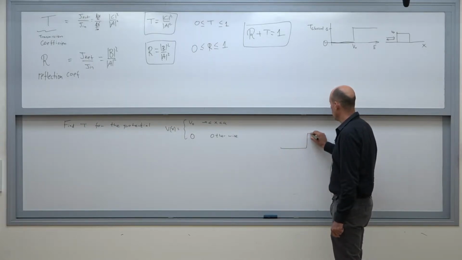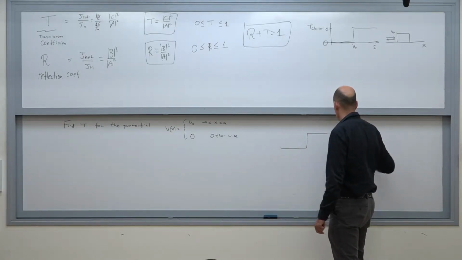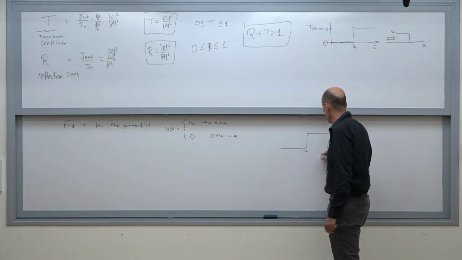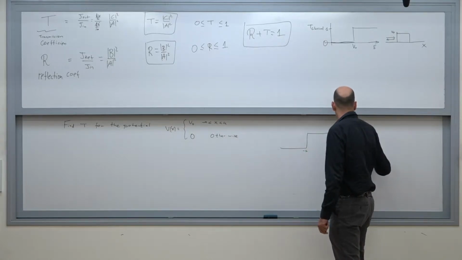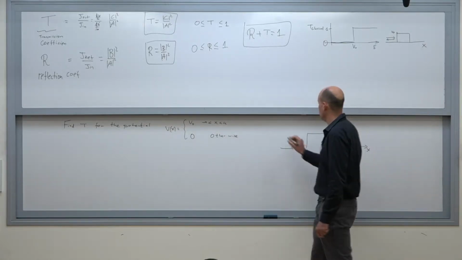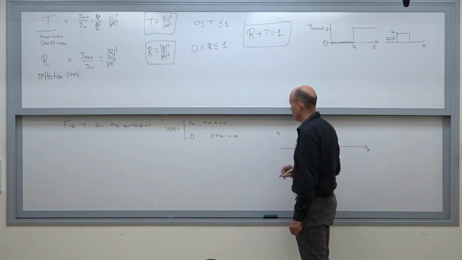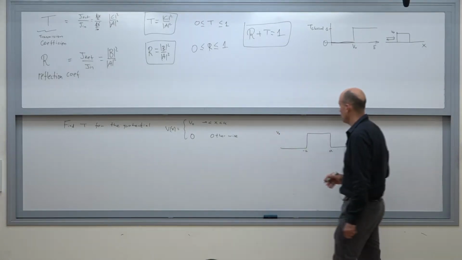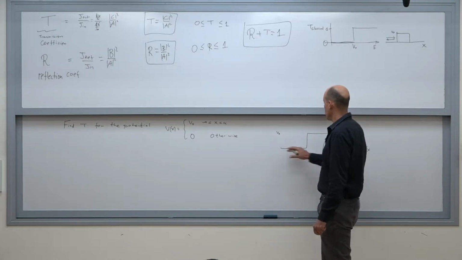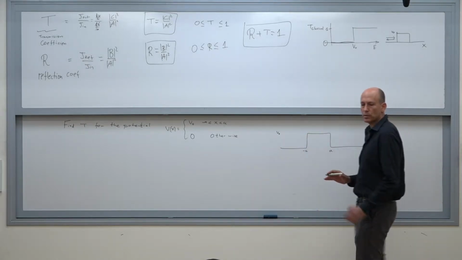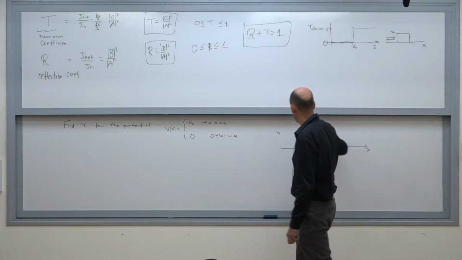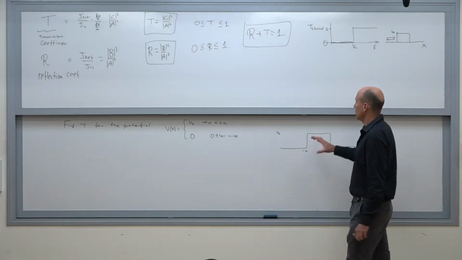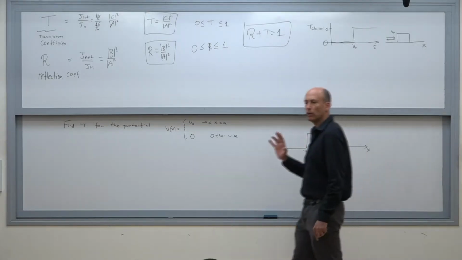The potential looks like this. So this is minus A, this is A, this is the x coordinate, this is V0. V0 is positive. This is how our potential looks like. It's a step-like potential. Why is this very convenient to solve?